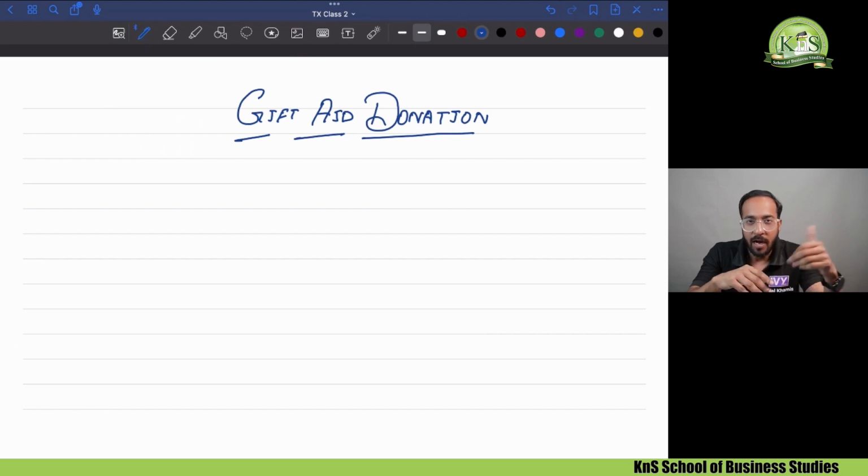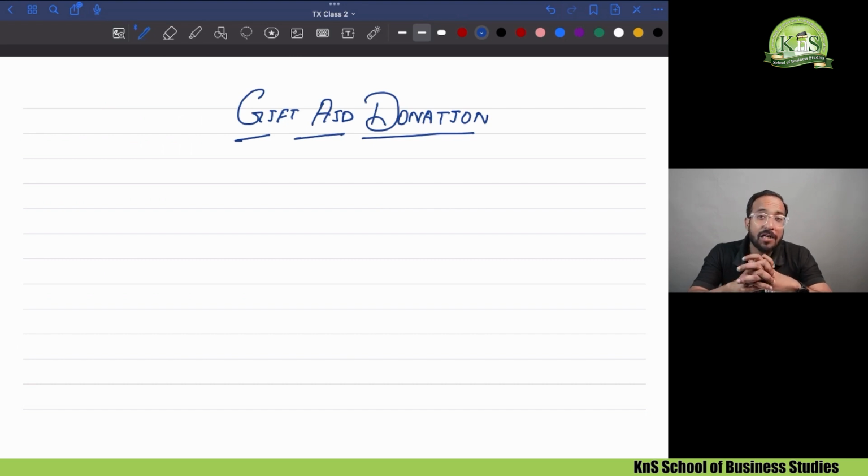The relief we have already learned: first, PPC, personal pension contribution, and gift aid donation both are used for the working of ANI, right? The second benefit, it increases the band size.